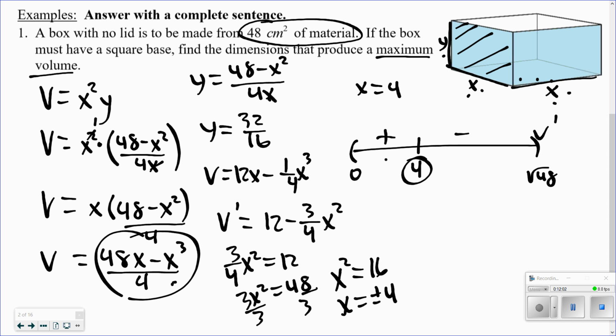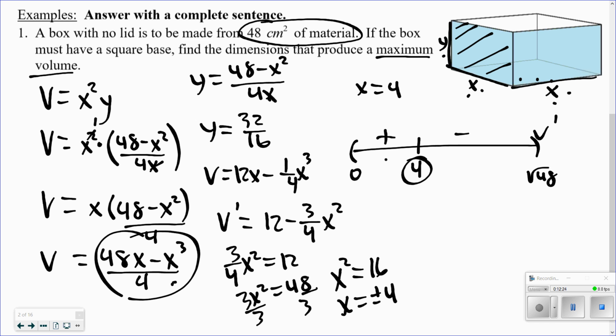You need to write a sentence to answer this. It says right there, answer with a complete sentence. You would say the dimensions that maximize the volume are 4 by 4 by 2.